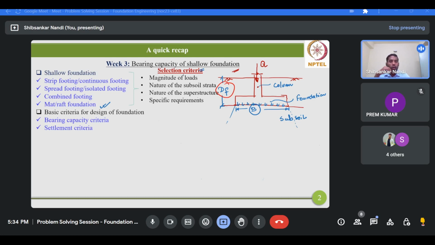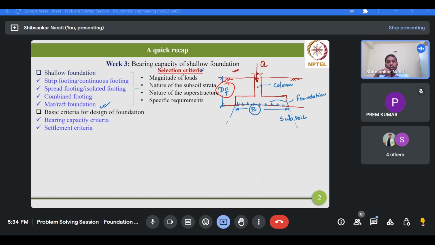So it cannot be like that we have basically designed a footing and this footing is safe against shear failure, but it is not safe, or rather it can undergo an excessive settlement. So an excessive settlement can take place due to the application of this load coming from the superstructure. So you need to basically bother about both the criteria, bearing capacity criteria and settlement criteria.